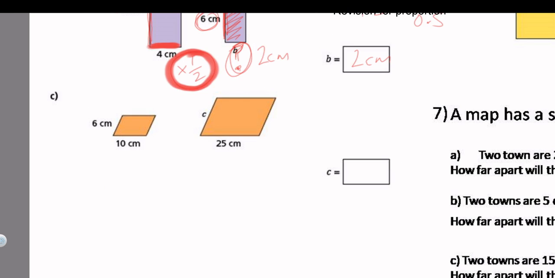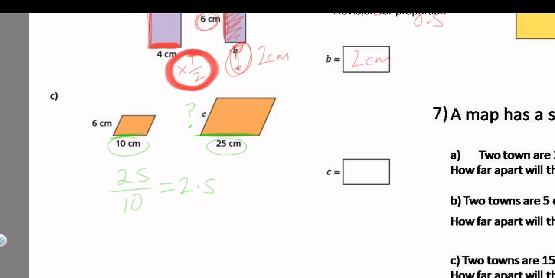First thing we're going to do is work out the scale factor. Now the 2 bottom sides are given, and this is the missing side. So to work out the scale factor, do 25, that 25 there, divided by 10, which is 2.5.